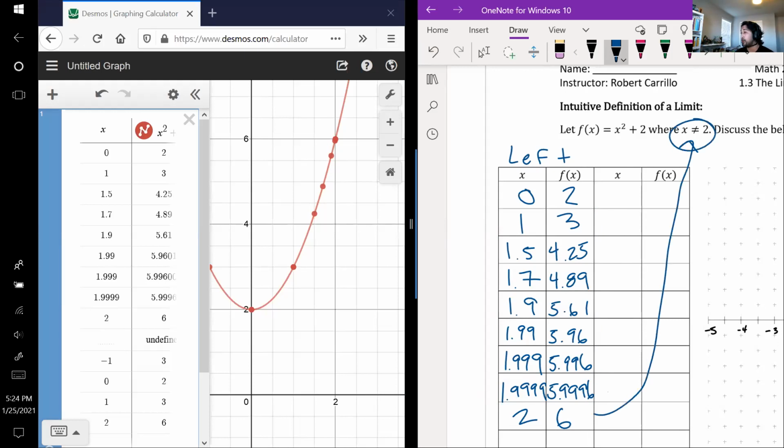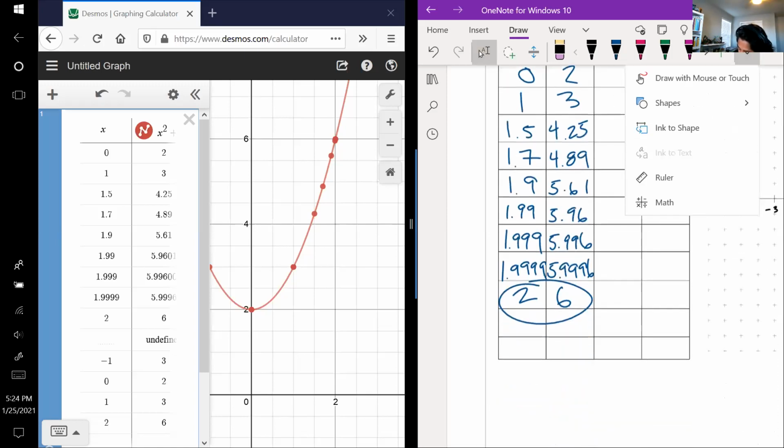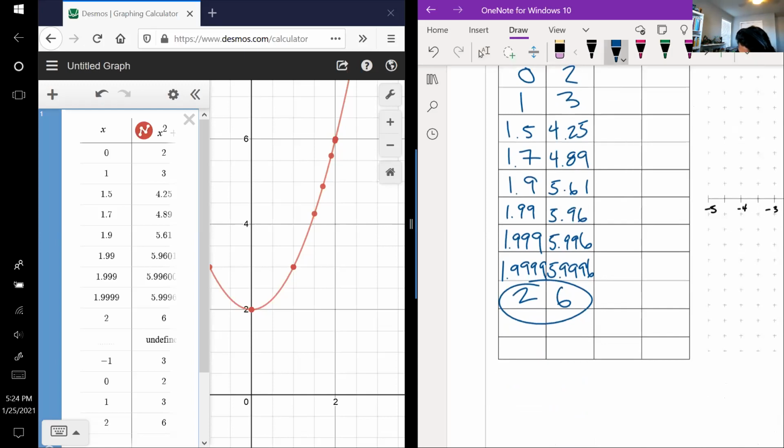No. Does this domain restriction let us land on 6? No. Good. Therefore, we have to claim that this point is going to be undefined. That's only by that domain restriction above, though. Okay, so let's go back here. So we're going to say that this point is undefined.